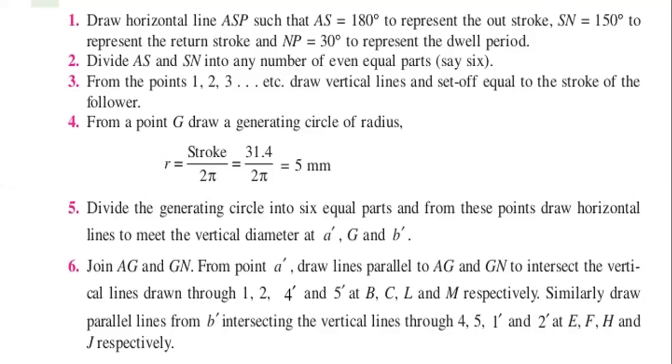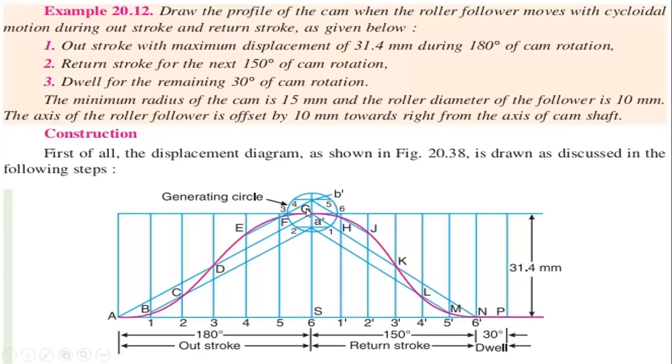Then we have to divide the generating circle into 6 equal parts. This generating circle has a radius of 5 mm, and we divide it into 6 equal parts.